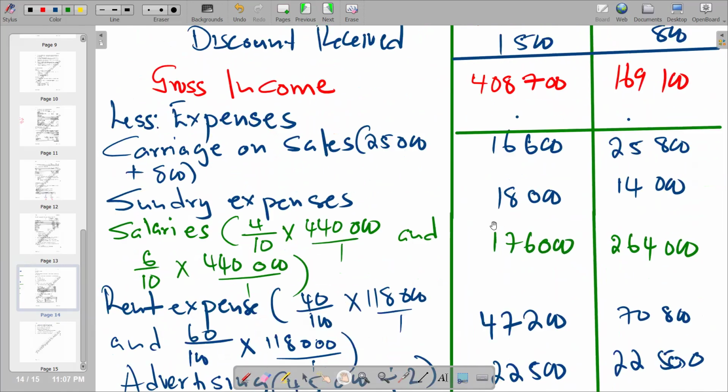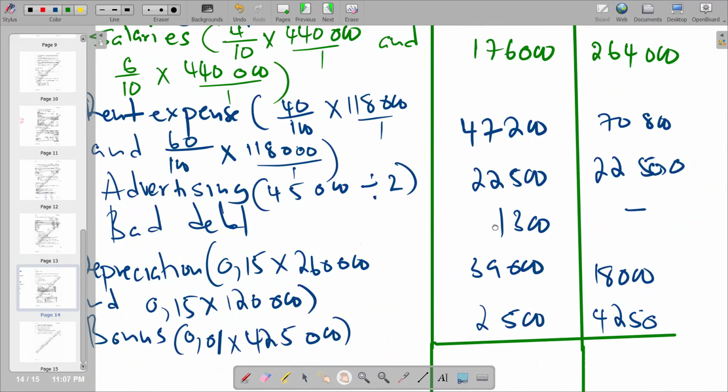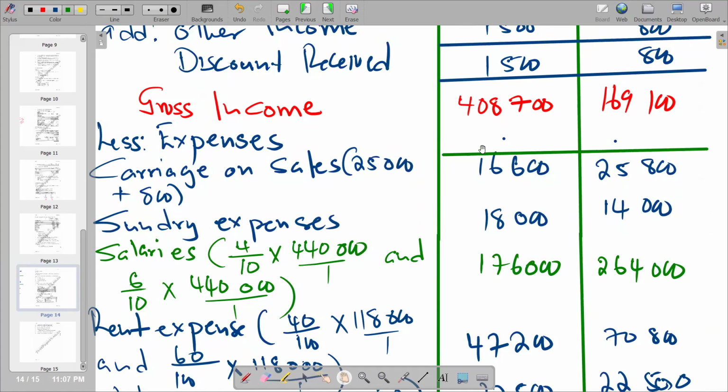If we add all the expenses that we have in the box for the first column, we are supposed to have a total of expenses. It's supposed to be 323,100, which we are supposed to subtract. Remember, we are saying less. And then we add for the second column all the expenses. We're supposed to get 419,350. And we show it again in brackets.